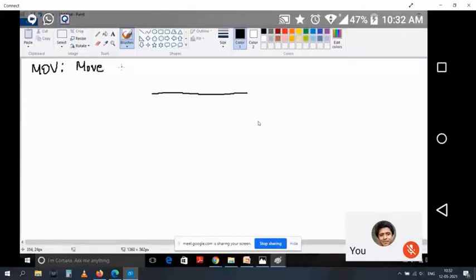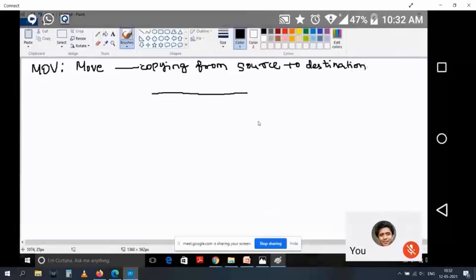What I'm doing, I'm not moving, I'm just copying from source to destination. So I'm just copying the contents of the accumulator to the destination.